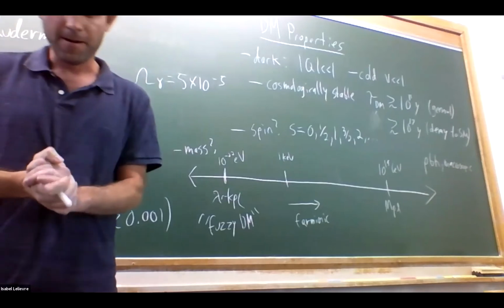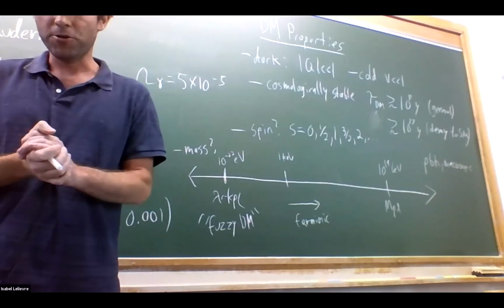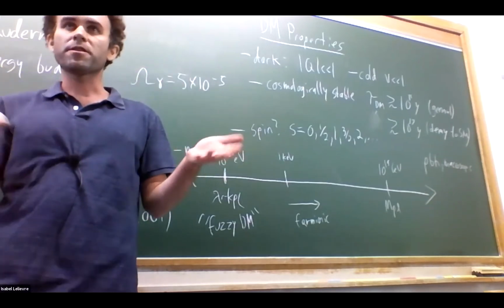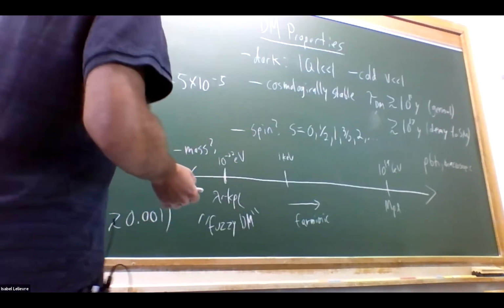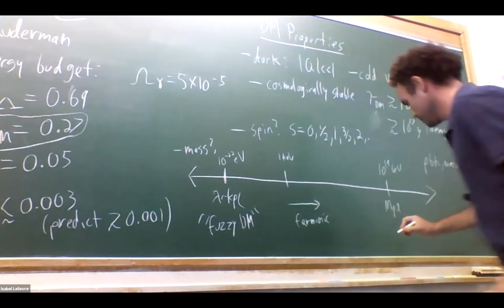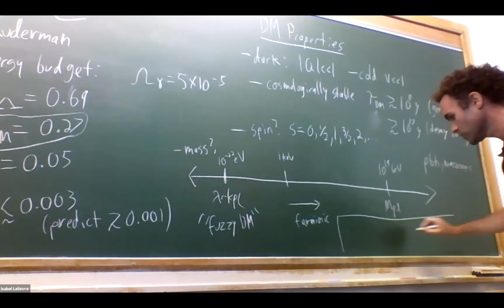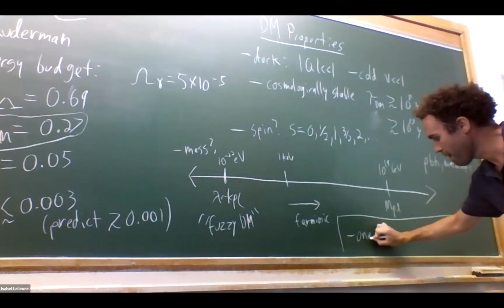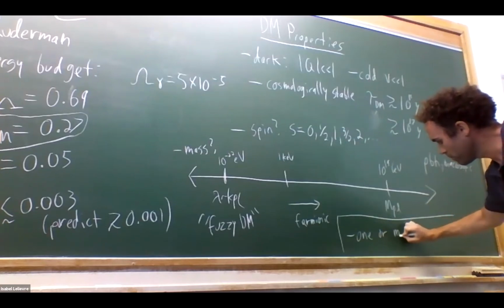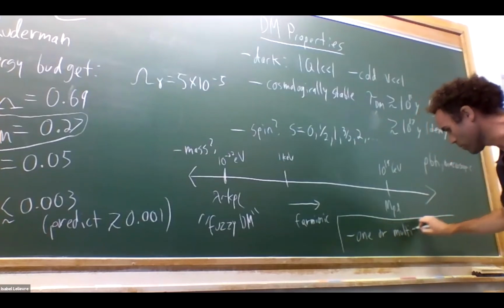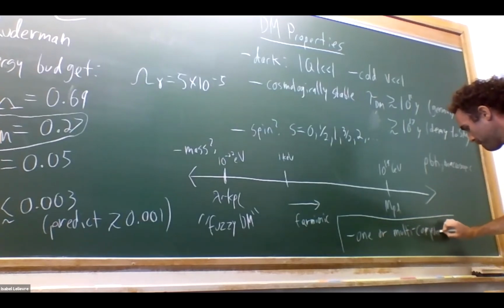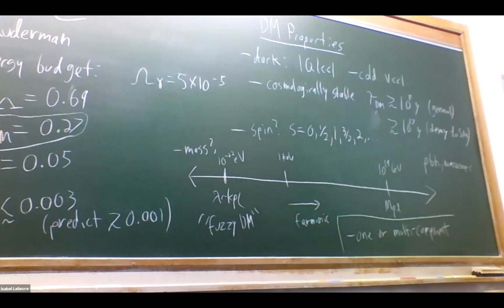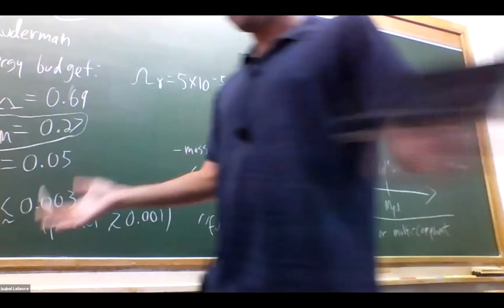Now you could ask, is dark matter all of one thing, or is it multi-component? Is it all WIMPs? Is it all axions? Is it half WIMPs and half axions?